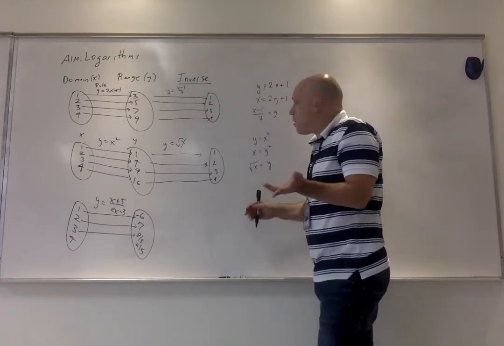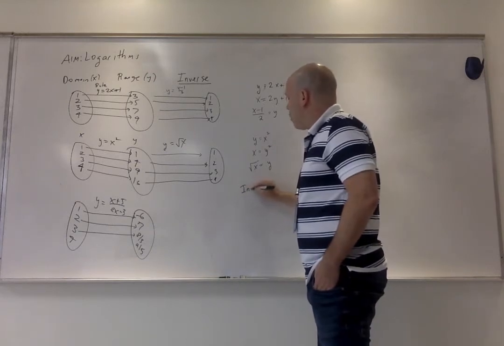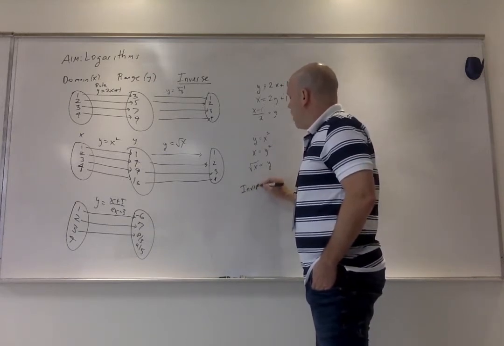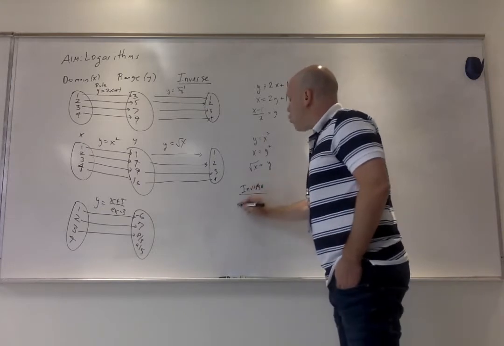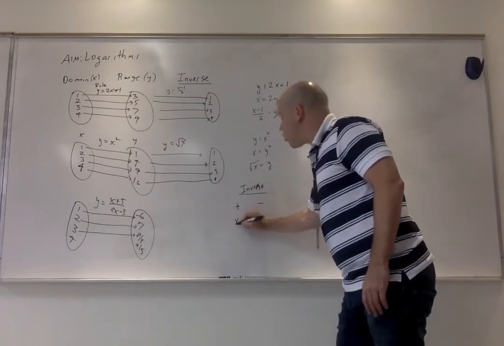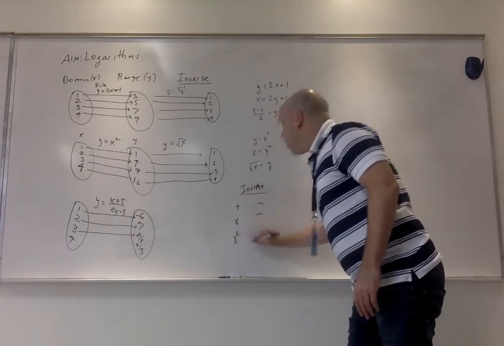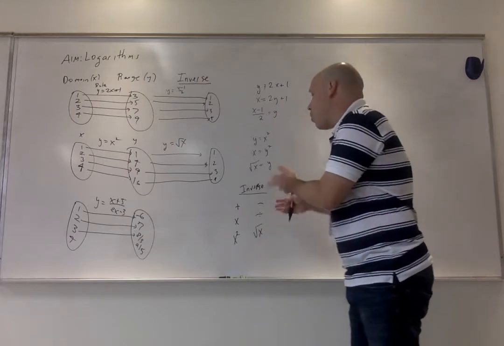You can get some ideas about the inverse. What is the inverse of addition? Subtraction. What is the inverse of multiplication? Division. What's the inverse of squaring? The square root, and so on and so forth.